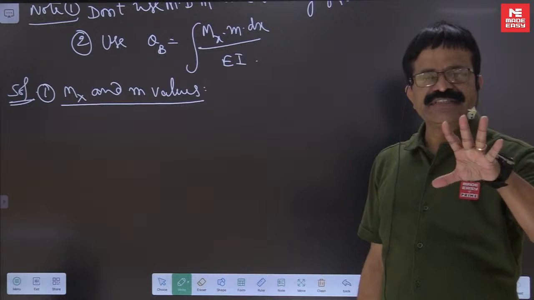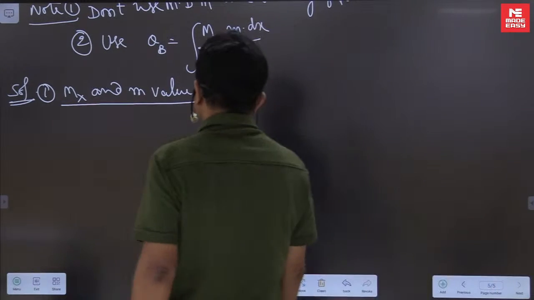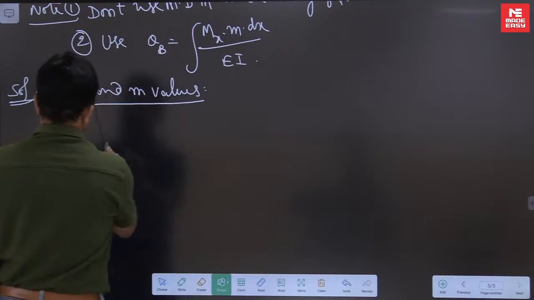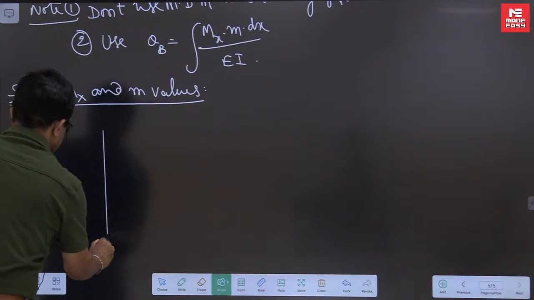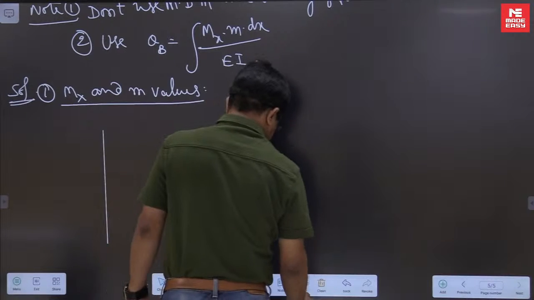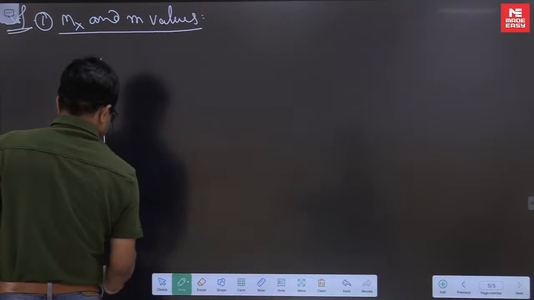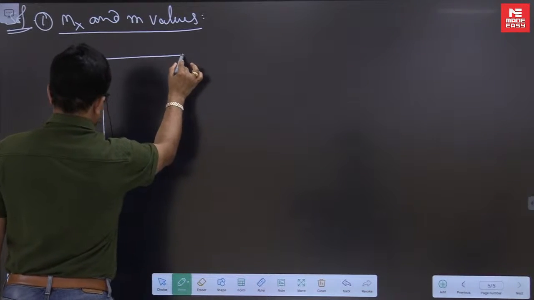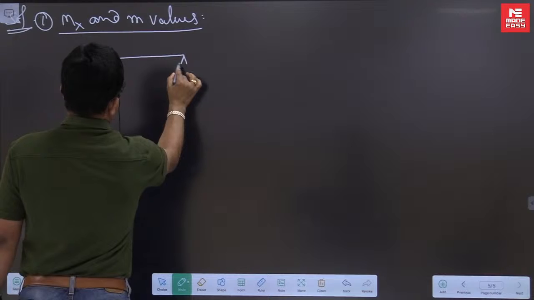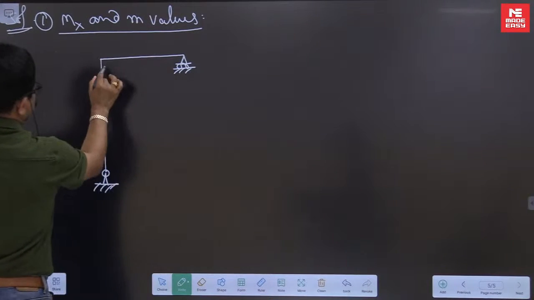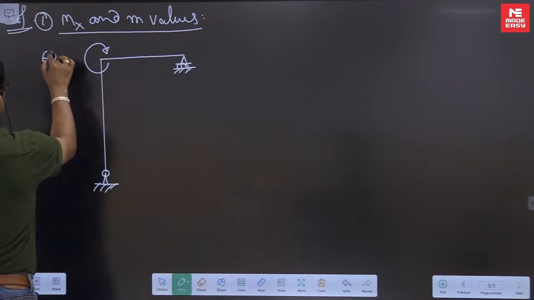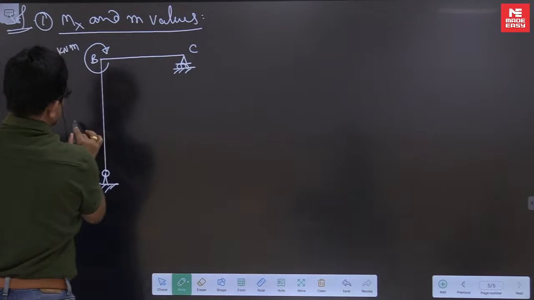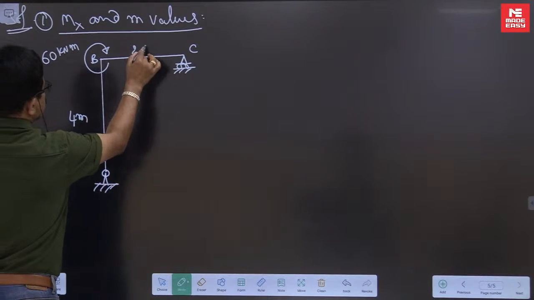If only 5 seconds time is there, then we'll see how we have to manage this one. A, B, C, this is 4 meters, 2 meters.